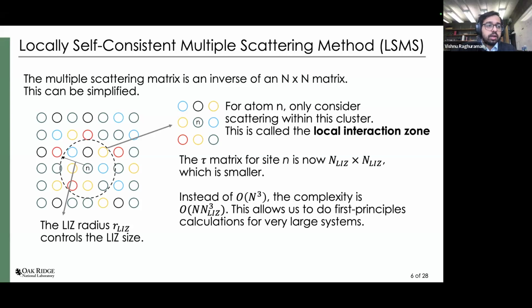Yeah, it's a very important aspect of conductivity because, ideally, we would like to go to larger sizes. At the LIZ sizes at which we get good convergence for DFT, we don't get good convergence for conductivity. So conductivity needs larger LIZ sizes. That is what we have found based on our calculations.